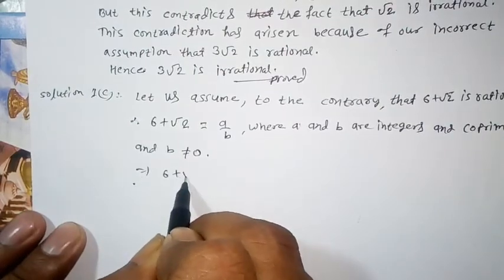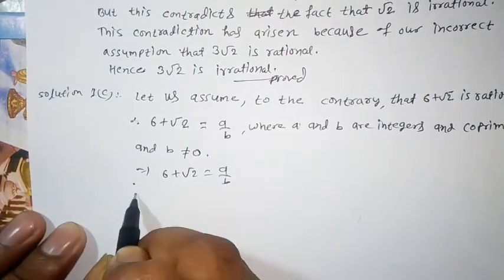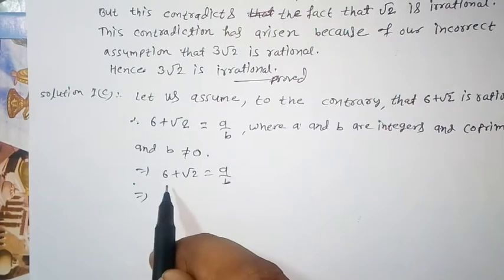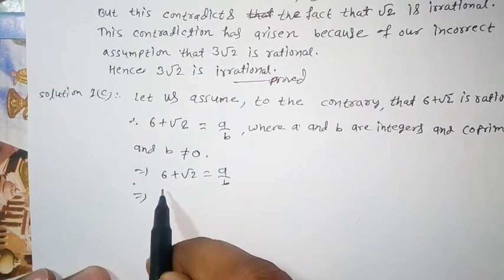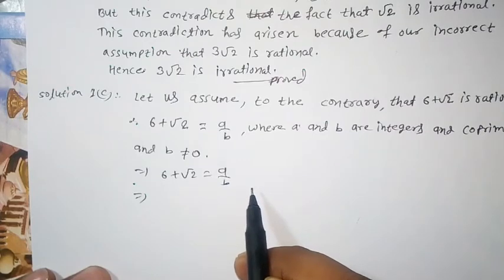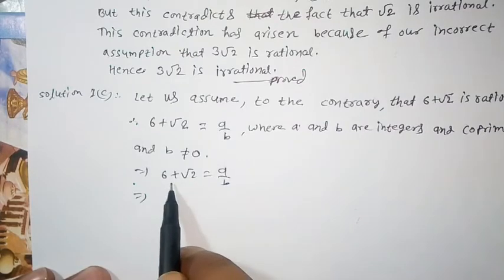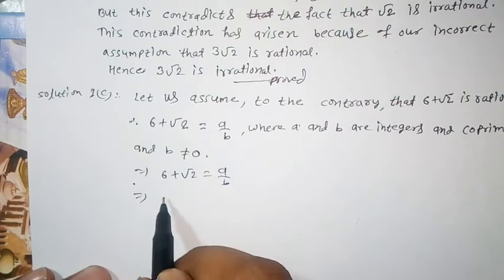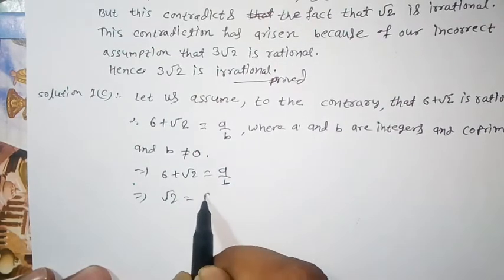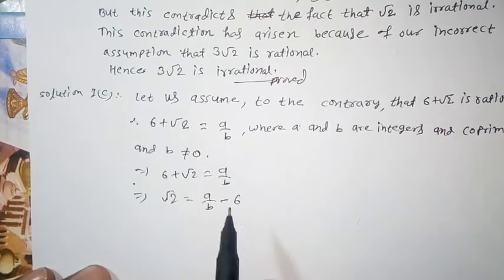Implies 6 plus root 2 is equal to a by b. Implies here 6 is in the form of add, then the 6 goes to the other side, then the sign is negative. Implies root 2 is equal to a by b minus 6.